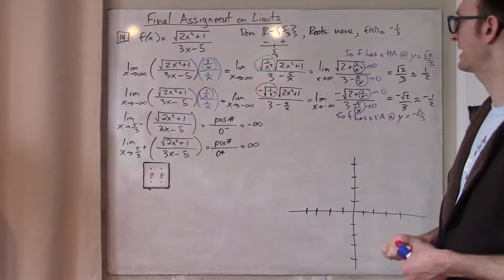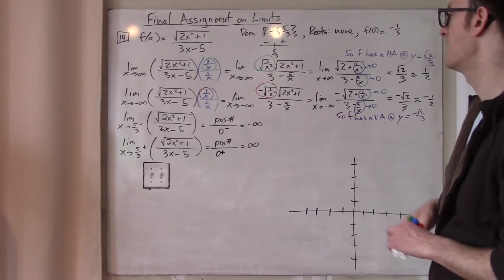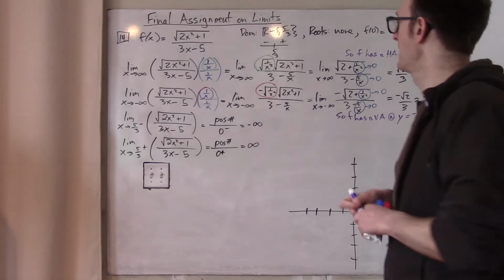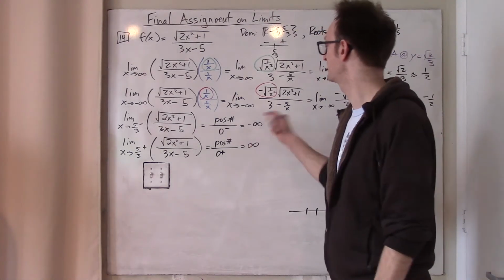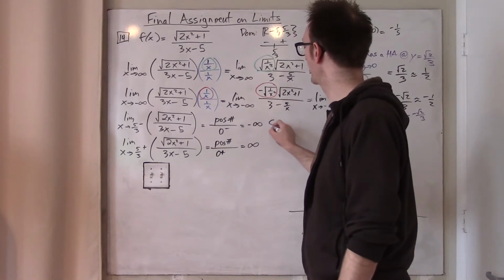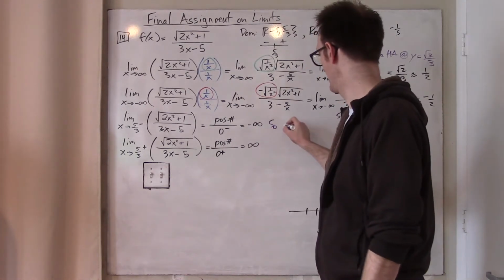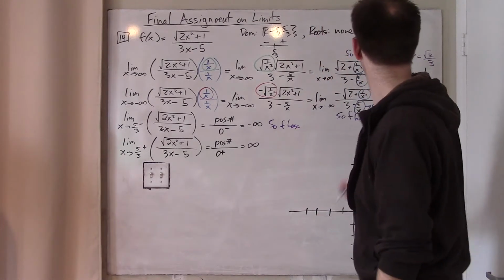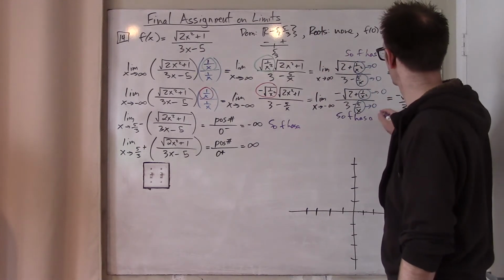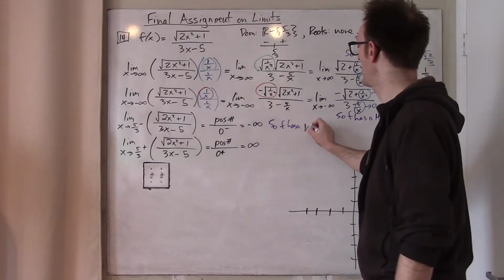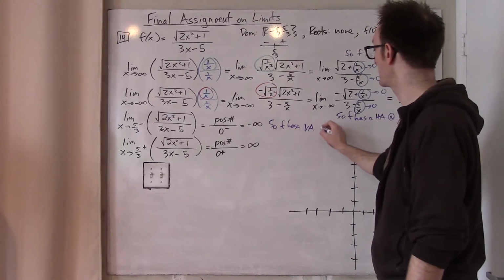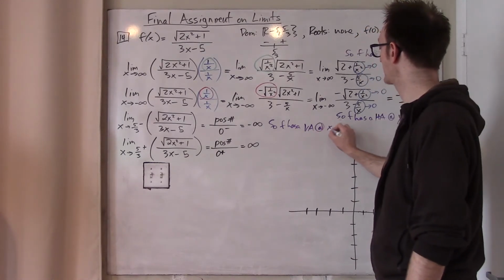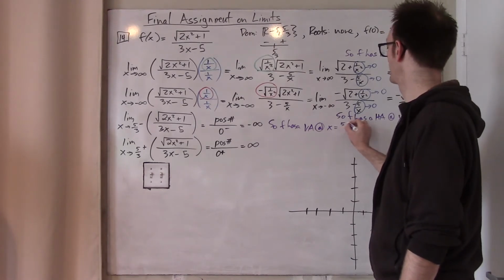And getting out the purple, since this is negative infinity, I can now conclude, so f has a, oops, that should say horizontal asymptote. Here I now want to say that f has a vertical asymptote at x equals 5/3.